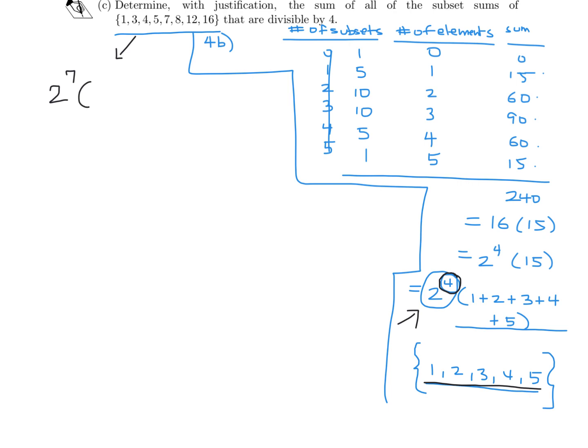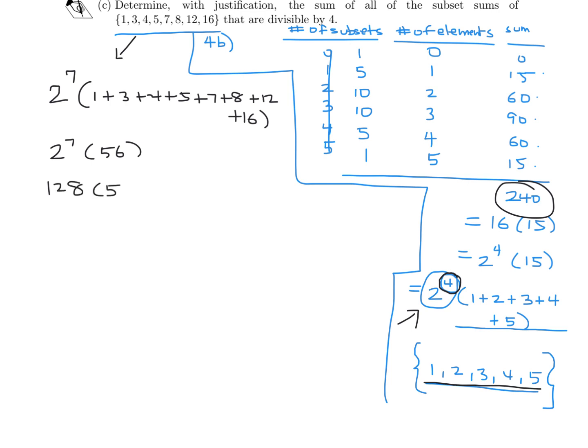And then I multiply by the sum of the elements. So 1 plus 3 plus 4 plus 5 plus 7 plus 8 plus 12 plus 16. And that will be my sum of the subsets. This turns out to be 2 to the power of 7 times 56, which is 128 times 56, which is 7168.